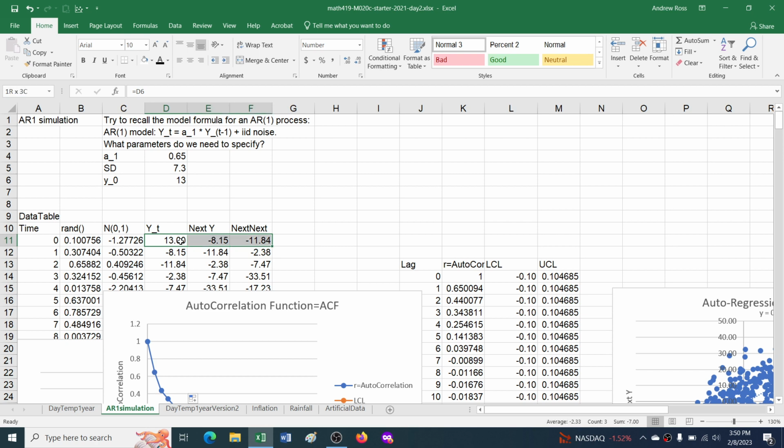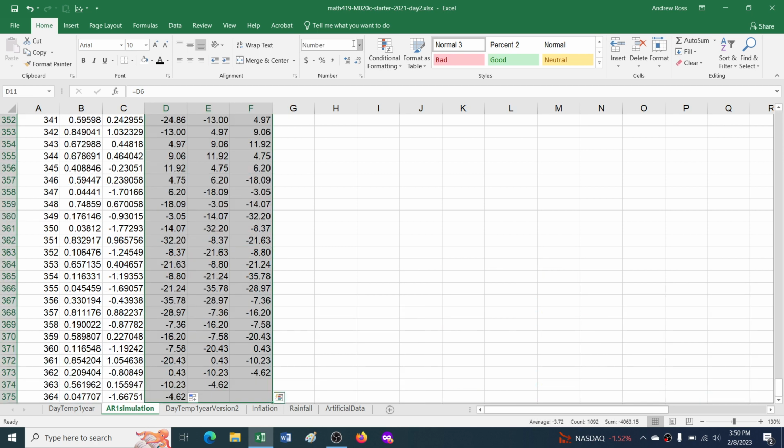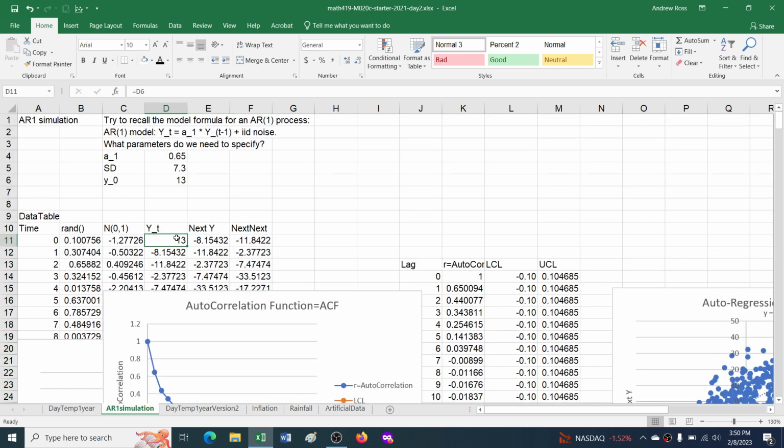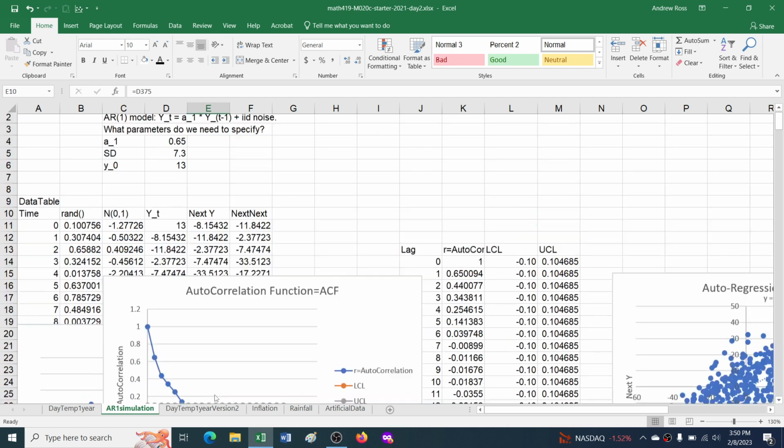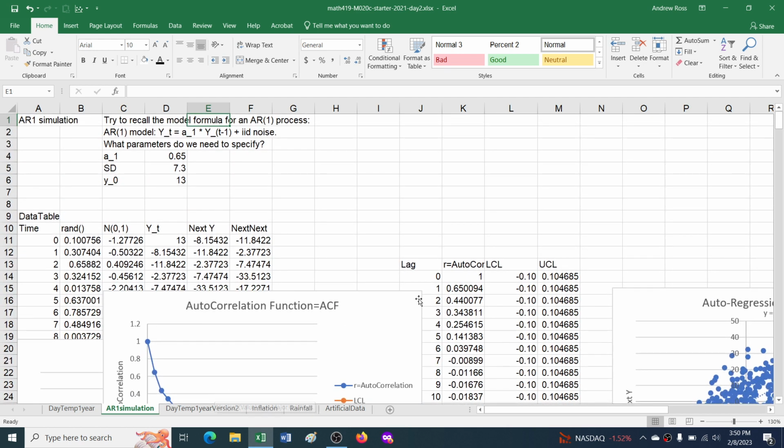These are only showing 2 decimal digits, but really they've got more digits than that. And down near the bottom, remember our next and our next have blank cells where we don't have any next data. So let's take a look at what we're getting in the autocorrelation function.